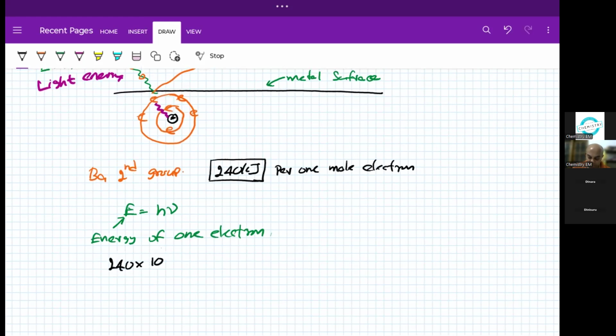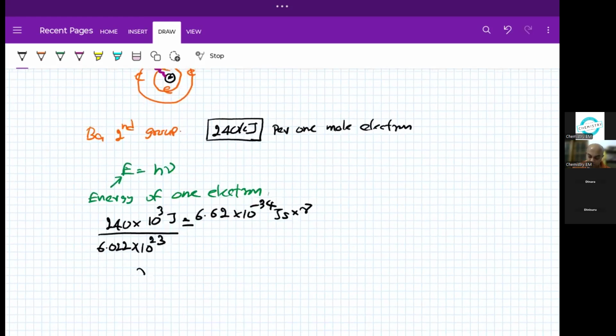I will take it in joules, because 6.62 comes with joules per second, into nu. This is for 1 mole, but I need it for 1 electron, so this has to be divided by 6.022 into 10 to the power 23. This is 1 electron. So you can find nu in this way.